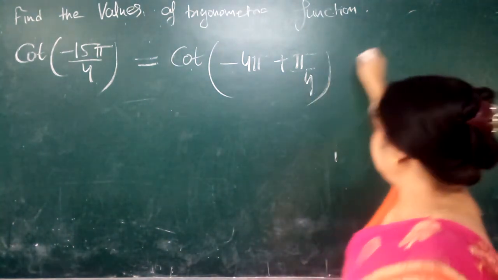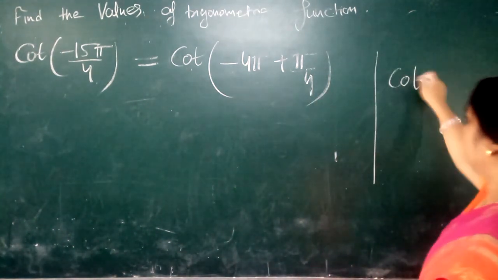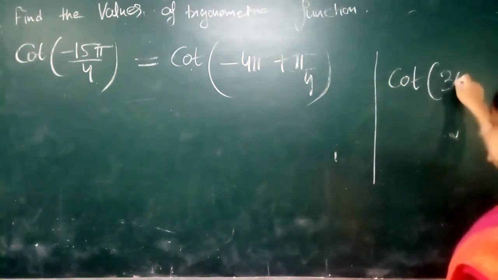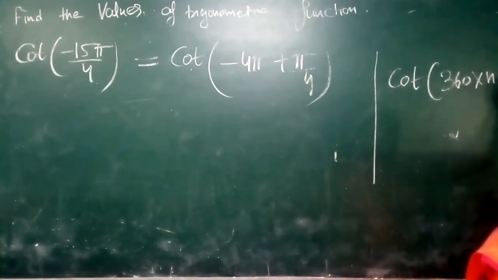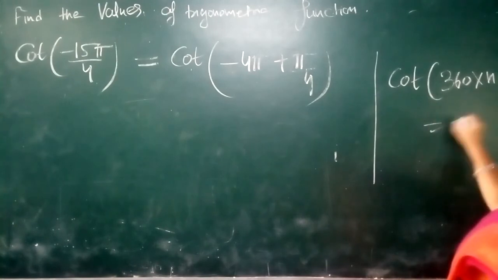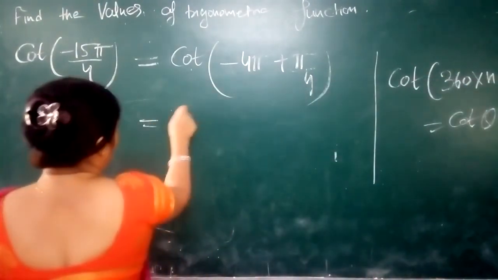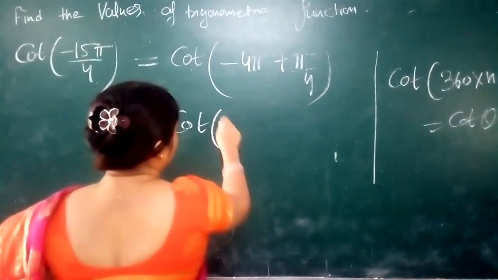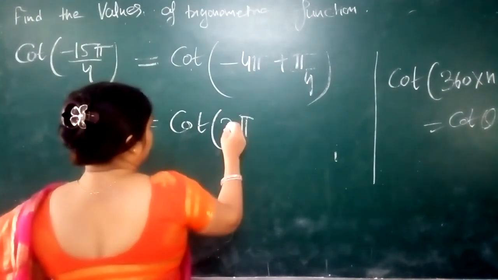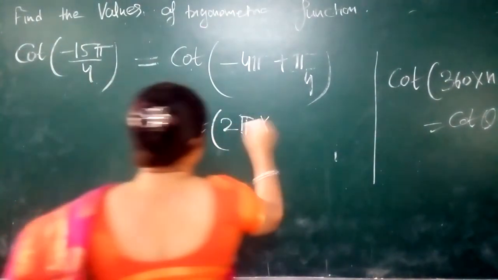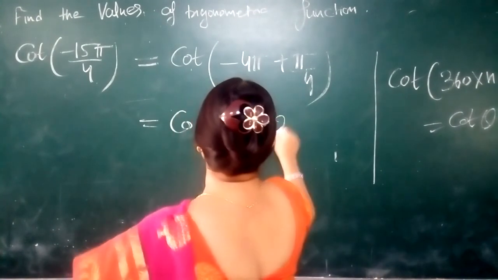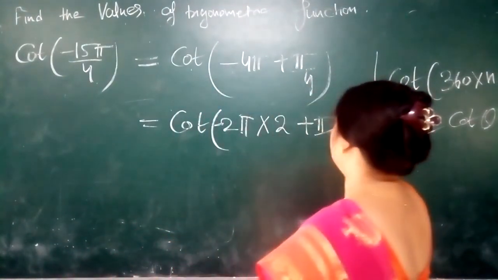Now we will break this term as cot of 360 degree into n plus theta, which is equal to cot theta. So we will break it as cot of 2 pi into minus 2 plus pi by 4.